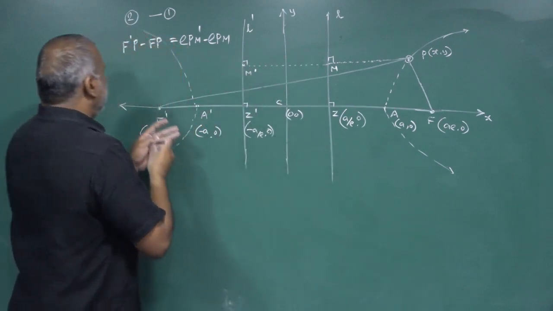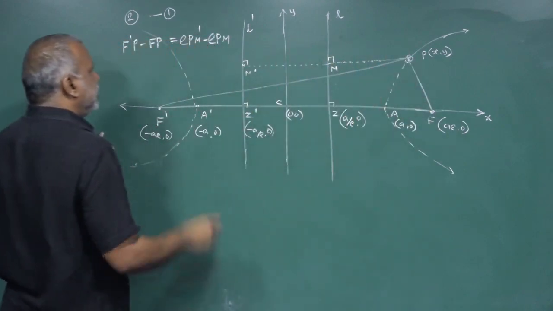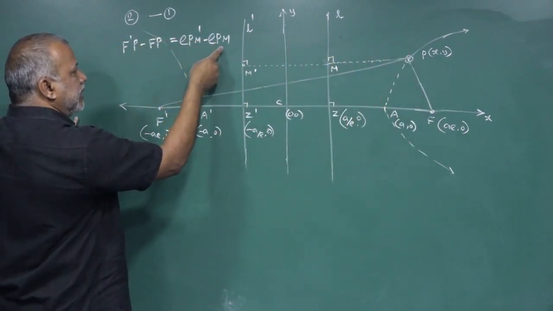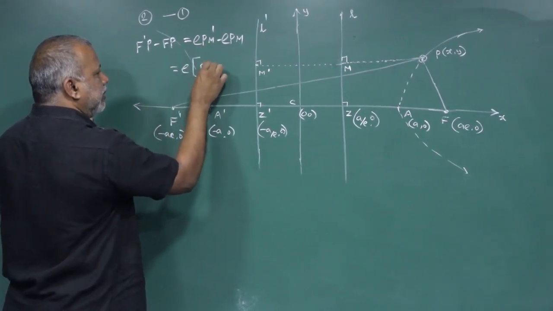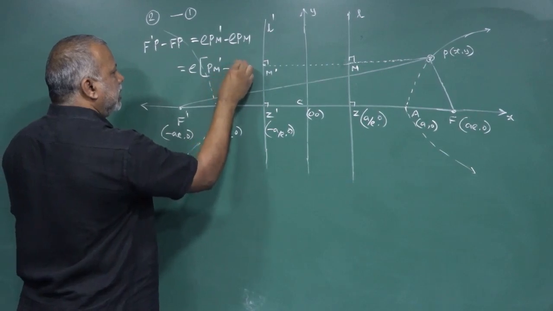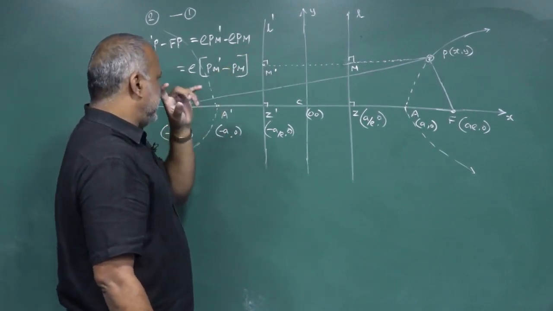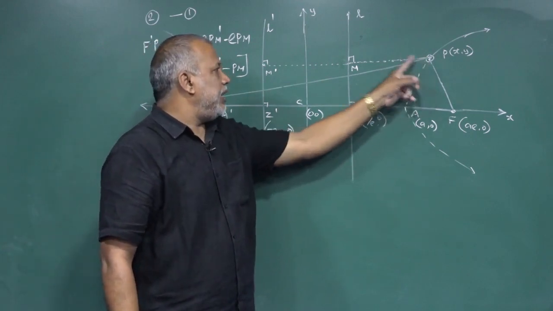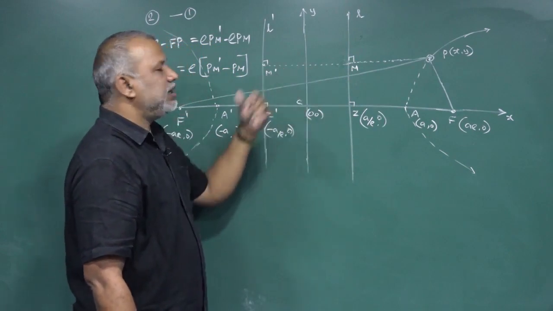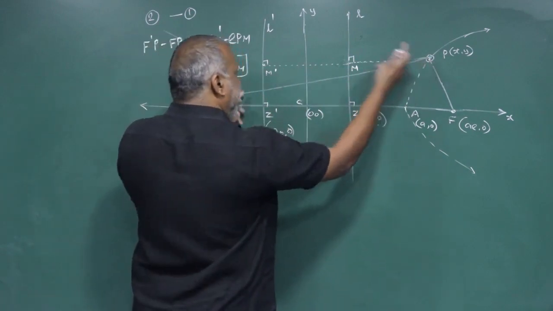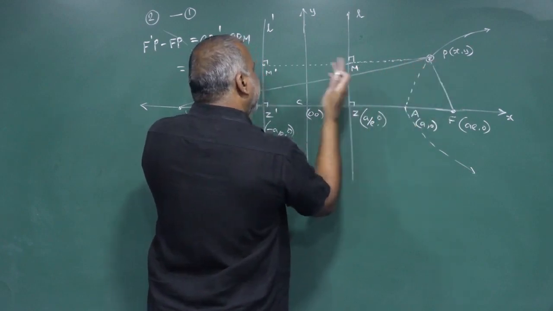Now see this. F dash P minus FP equals E times PM dash minus E times PM. I can take out E as common. What is the result remaining? PM dash minus PM. See the result carefully. PM dash, remove the PM, what we can get? MM dash.